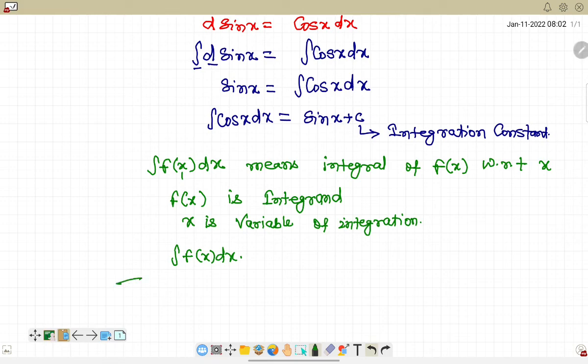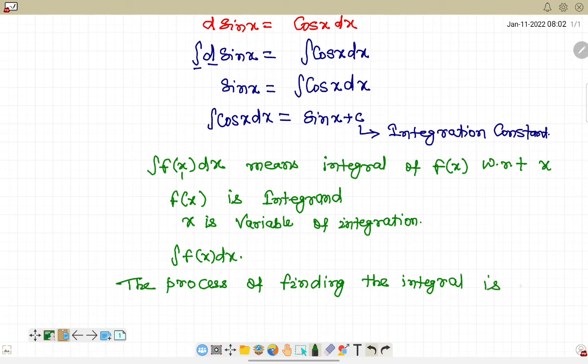I'm writing this complete line: the process of finding the integral is called integration.